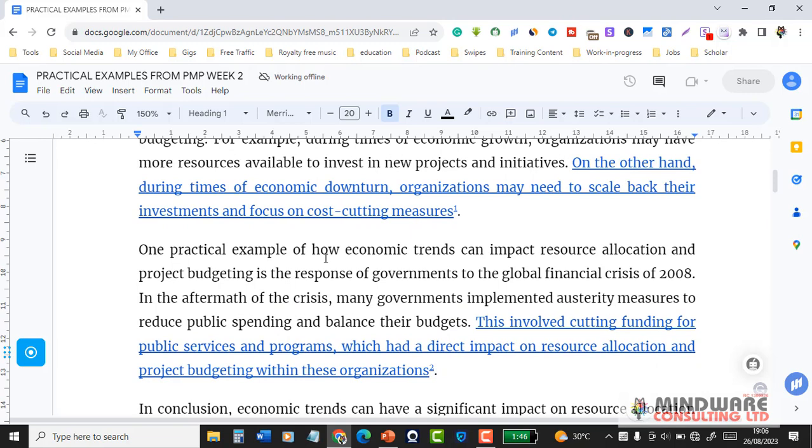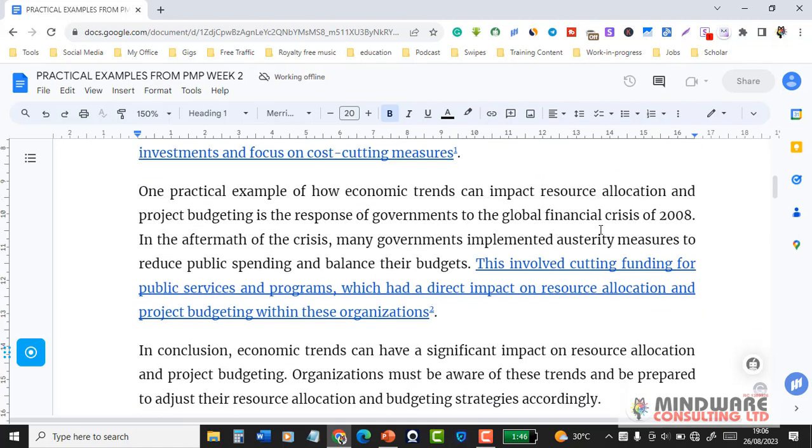During that 2008 global financial crisis, governments began to implement austerity measures. The intent was to reduce public spending and balance their budgets.